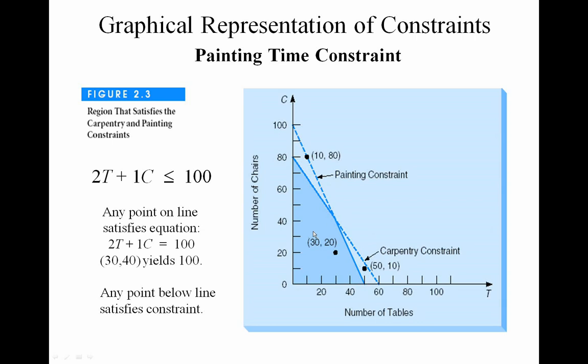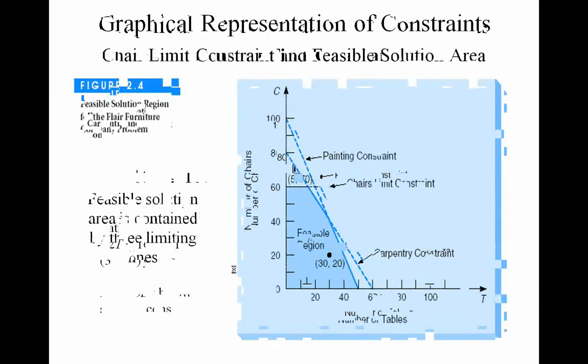But now you combine the earlier constraint. You need both painting and carpentry. So that means only this area that's common to both is the feasible area. Refer to the video lecture also on this topic. Okay. So now any combination over here is going to have enough carpentry hours and painting hours to make that combination.